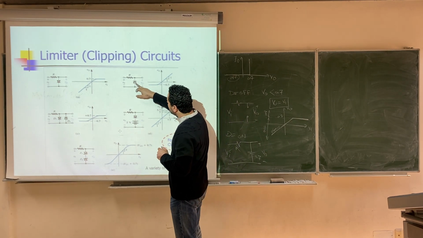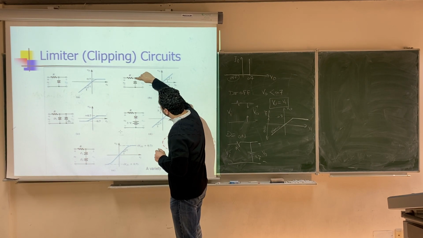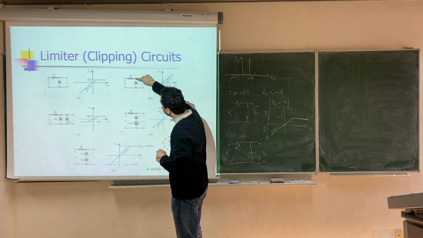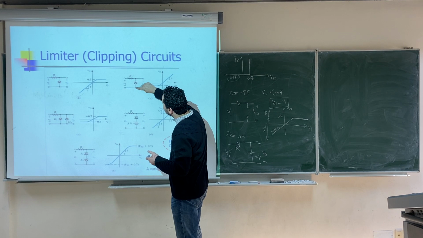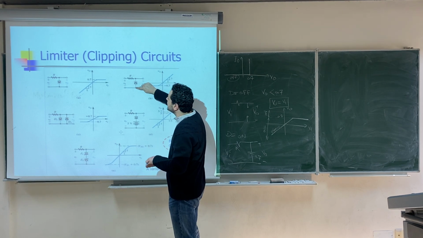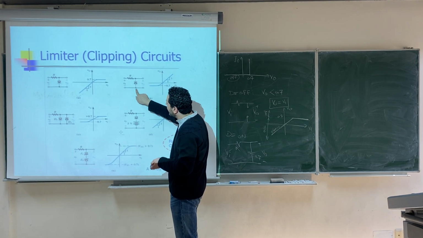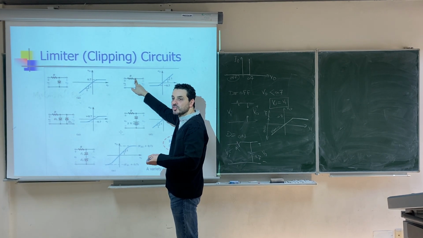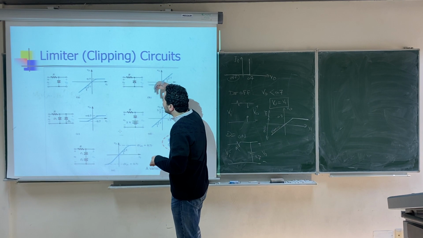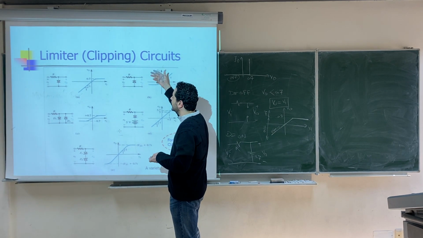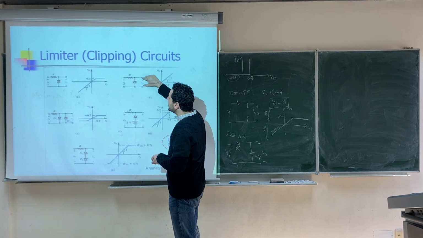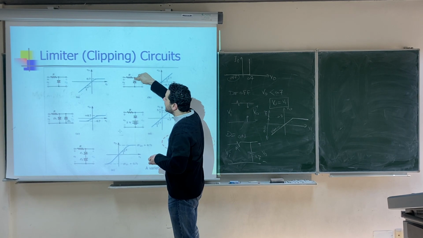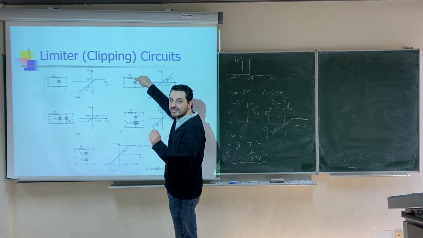The diode will be off as long as the voltage here is higher than the voltage here by negative 0.7, right? So in order for the diode to be on, you need the ground to be higher than this voltage by 0.7. In order for the diode to be off, and this is the question that we ask, the output must be higher than what?